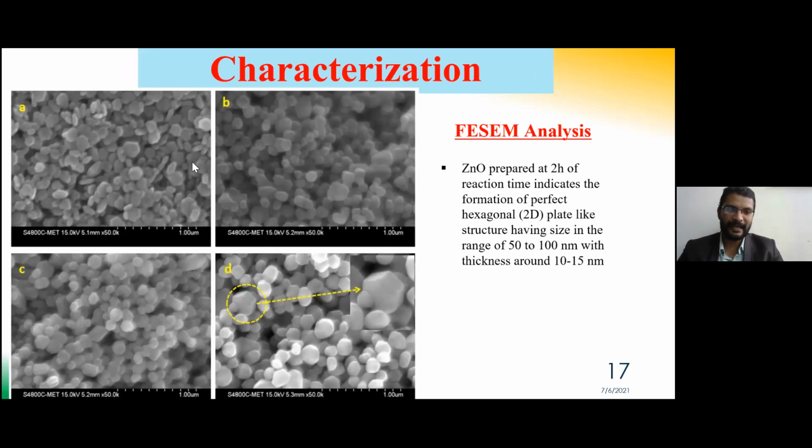As the reaction time increases, at 4 hours I observe slightly the same hexagonal shaped two-dimensional nanomaterials, but with increasing reaction time to 8 hours, I get a slight change in morphology of the hexagonal plates. Some defected hexagonal plates are observed over here. With increasing time at 12 hours, I see some faceted growth of zinc oxide nanomaterial.